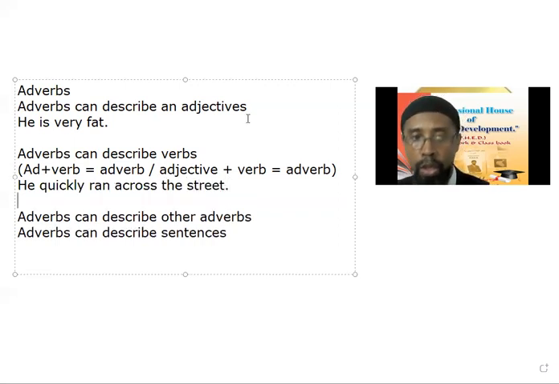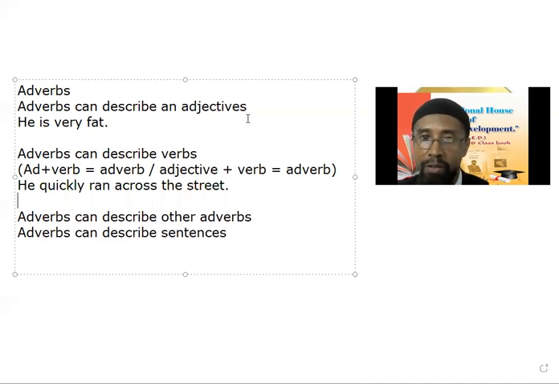You can see here, ran is a verb, and quickly is an adverb. Most of the adverbs that you probably will see and recognize very easily are the ones that end with ly, because quick is an adjective, but quickly is an adverb. So when we add ly to many adjectives, we will be creating an adverb in many cases. So remember that.